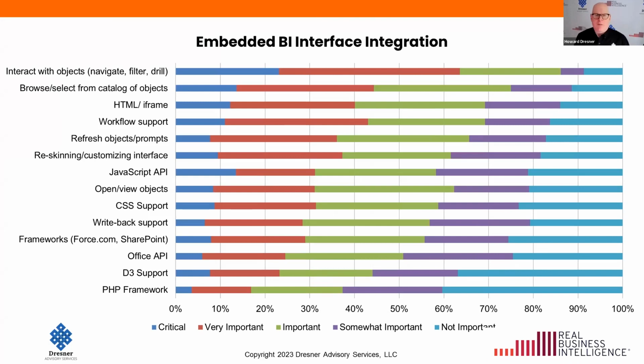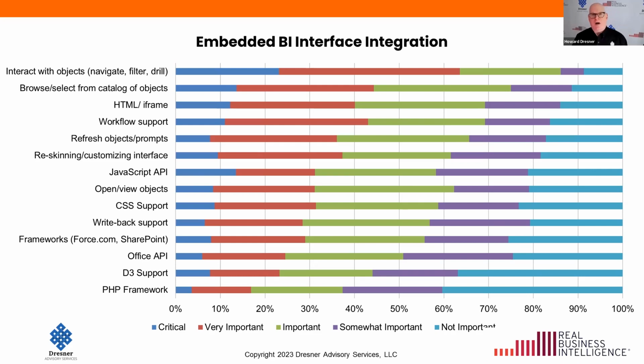When we look at what we call interface integration, what are the things that organizations are really prioritizing? What's notable here is that since we started tracking this particular market segment that we call embedded BI, we've seen it go from a focus on static content, just give me access to a report embedded in something else, to something that is much more dynamic and actually is integrated with the other content or application that is appearing for the user at that moment.